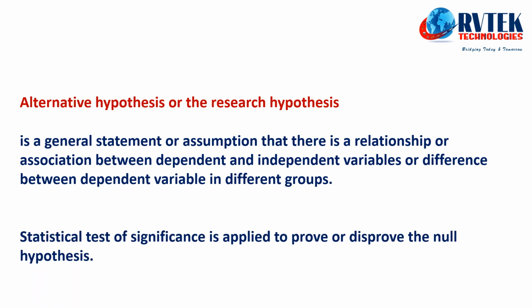A statistical test of significance is applied to prove or disprove the null hypothesis. If the test of significance shows that the finding is statistically significant, then we reject the null hypothesis. If the finding is not statistically significant, we accept the null hypothesis.